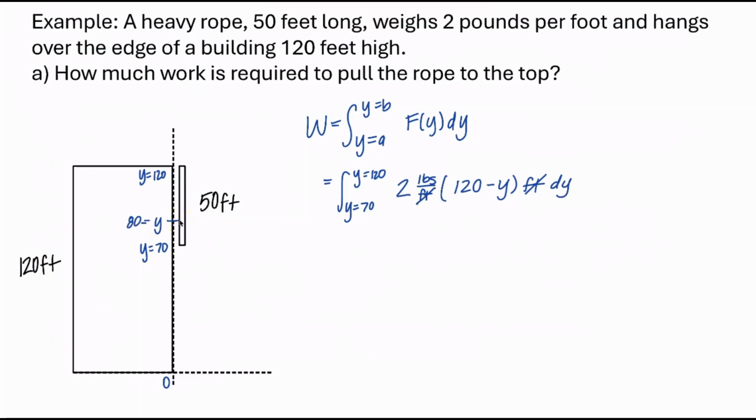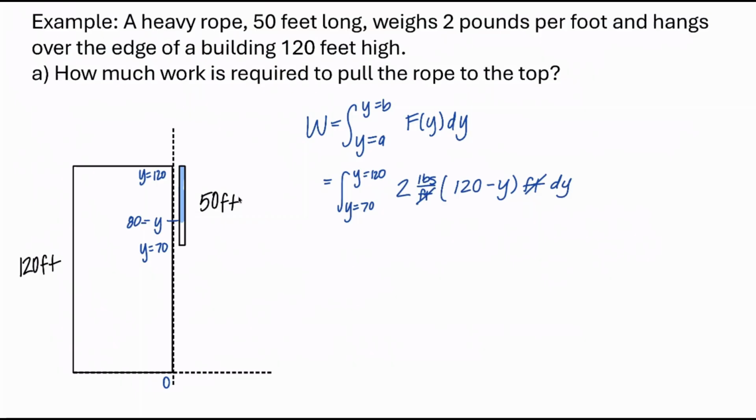Then the portion of the rope that we have left hanging is from 80 to 120. So 120 minus 80, that's 40 feet of rope. And 40 times 2 is 80 pounds. So at y equals 80, we're going to have 80 pounds of rope. That's the force at that one y value. So this formula makes sense.